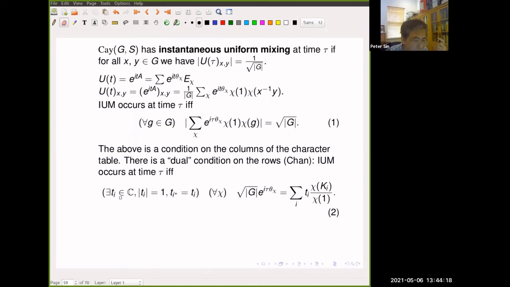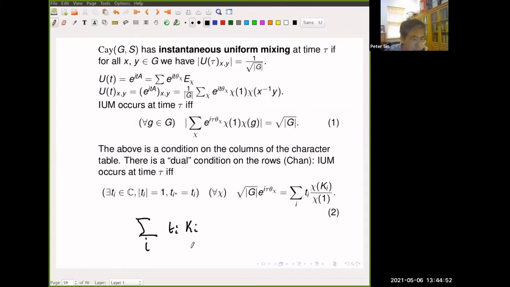Then if this is the case, then the matrix, the sum over i of t_i k_i, where we think of the k_i as being the sum of the conjugacy class elements, and each conjugacy class sum is multiplied by the coefficient t_i, and then we take the regular representation of that. So we think of this as a matrix.